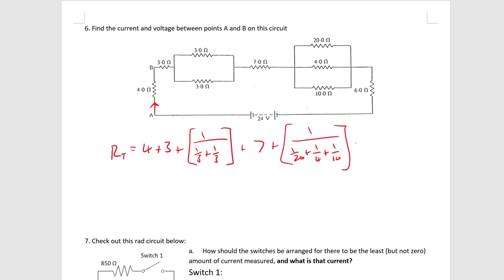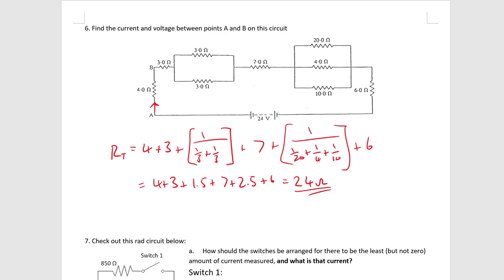And plus that 6 ohm resistor at the end. Now when you break this down, what you should end up getting, I've done this earlier, is 4 plus 3 plus 1.5 plus 7 plus 2.5 plus 6, and that will equal 24 ohms.